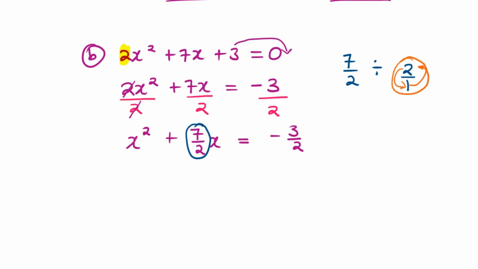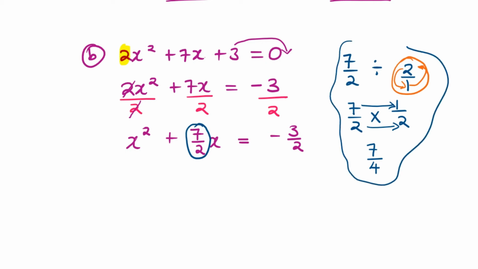So we have 7 over 2 times 1 over 2. When multiplying fractions, we multiply numerator by numerator and denominator by denominator. So 7 times 1 is 7, 2 times 2 is 4. So you see that half of 7 over 2 is just 7 over 4.